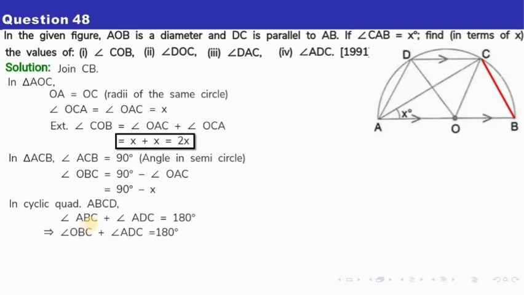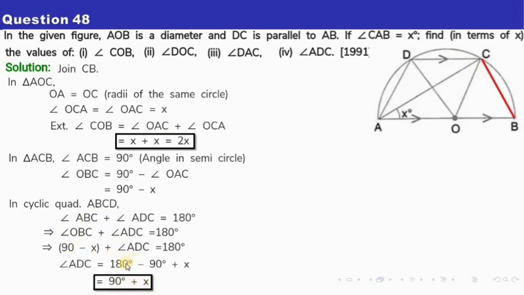ABC can also be written as OBC, so OBC is 90 minus x. So from here ADC turns out to be 90 plus x, because 180 minus 90 minus x gives 90 plus x. So ADC, that is this, is 90 plus x.